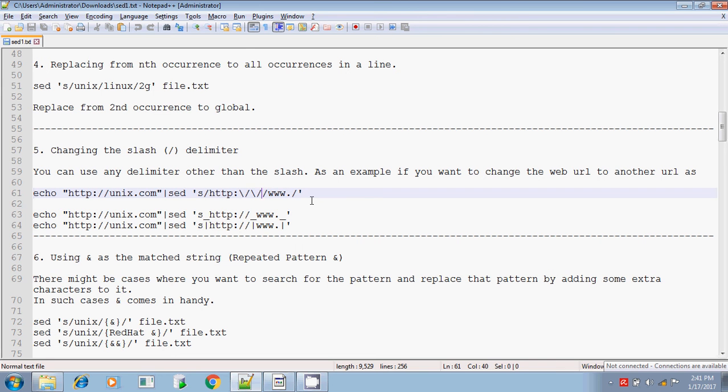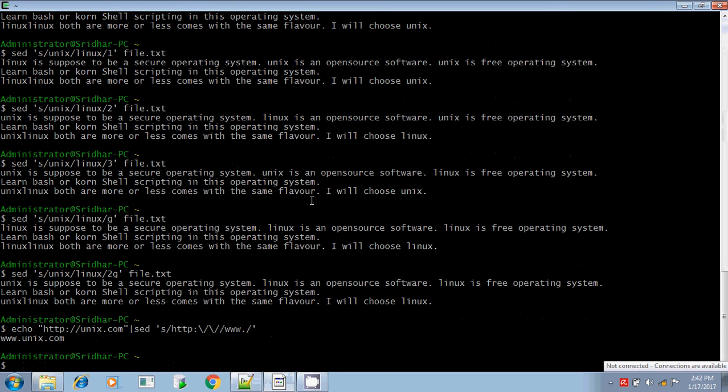This is what I have written here. Let me execute. Yes, I am replacing http:// by www dot. So I am escaping this slash by putting a backslash in front of this division slash. So I replaced http:// by www dot.